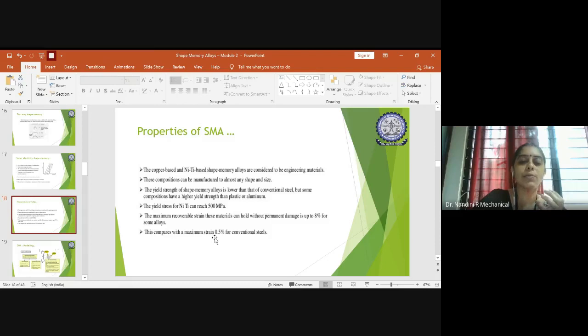So the maximum strain of 0.5% of conventional steel is what we are substantiating, because we spoke about the yield stress of nickel titanium and also the amount which cannot be recovered. Based on these two parameters, we are comparing with conventional steel to say that this compares with the maximum strain of 0.5% of conventional steel.